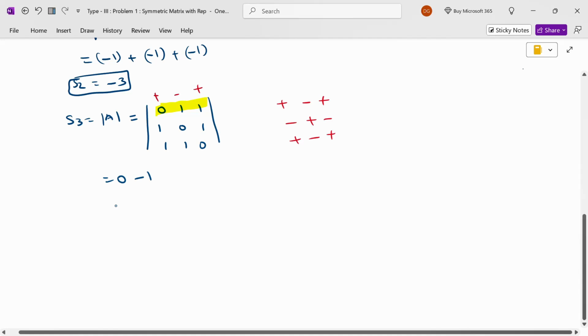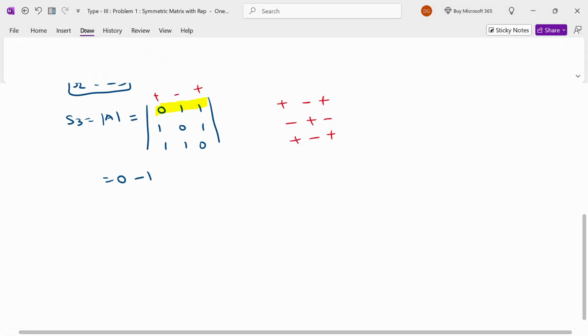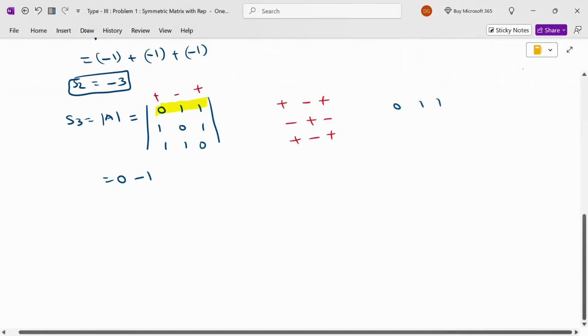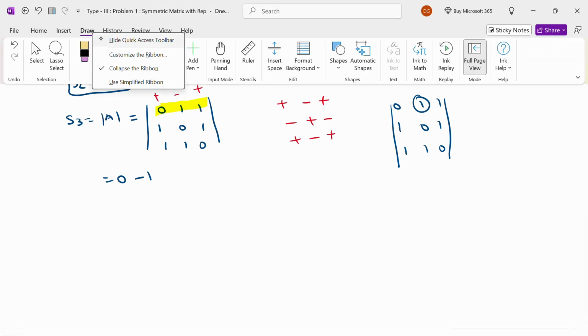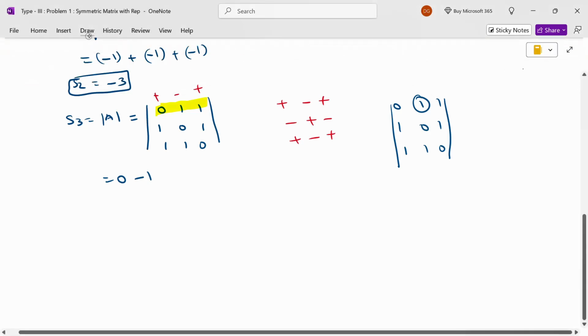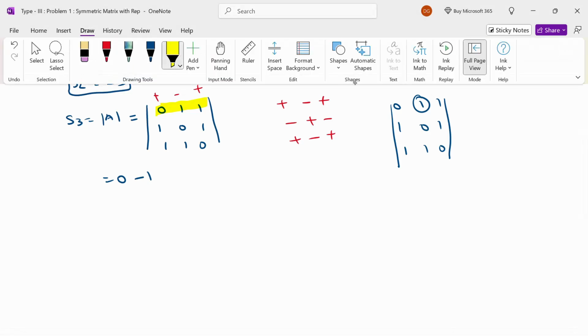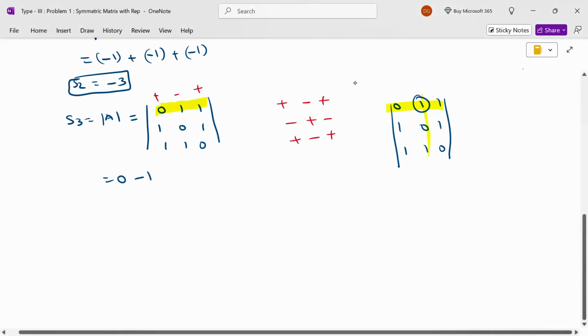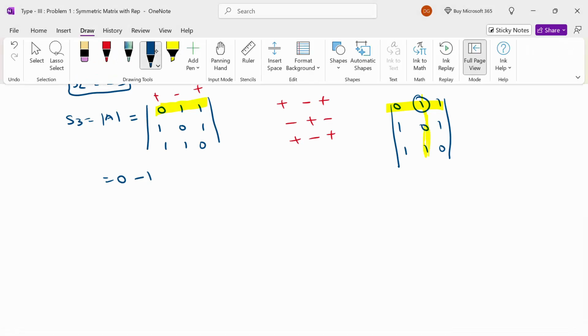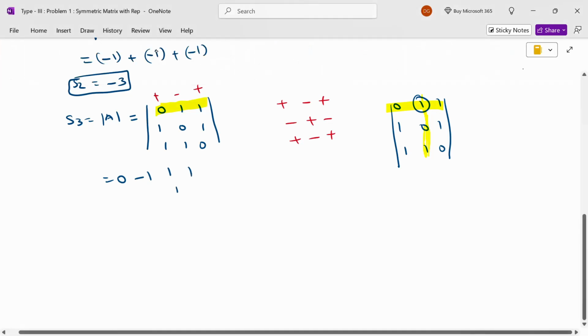When I take this minus 1, in the matrix 0 1 1, 1 0 1, 1 1 0, I leave the first row and the second column. Then this is our minor matrix 1 1, 1 0.